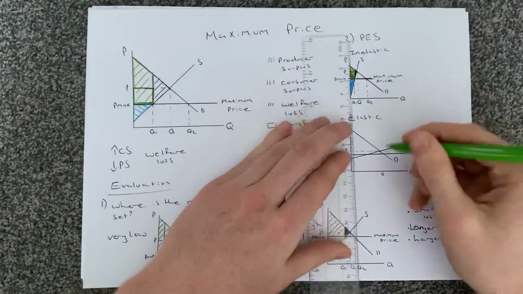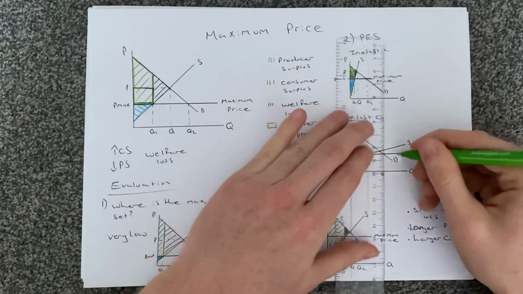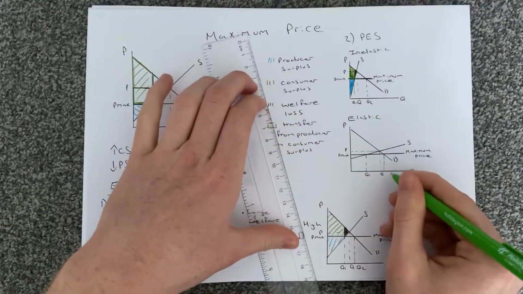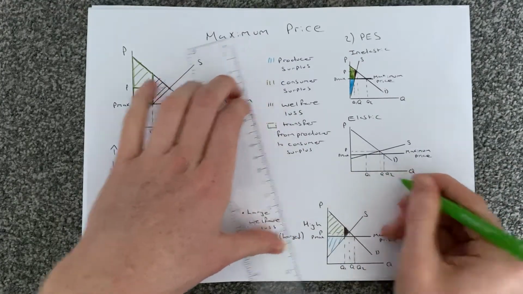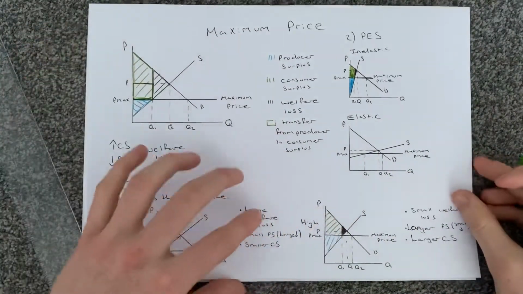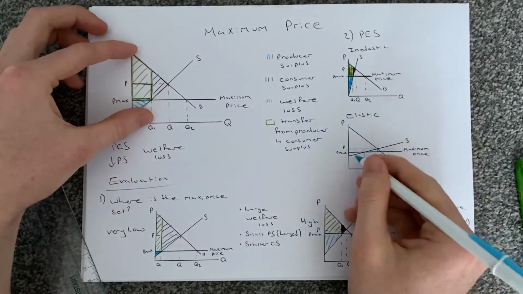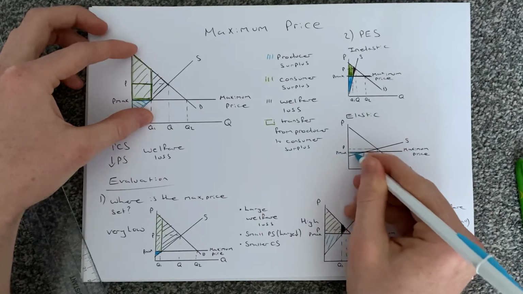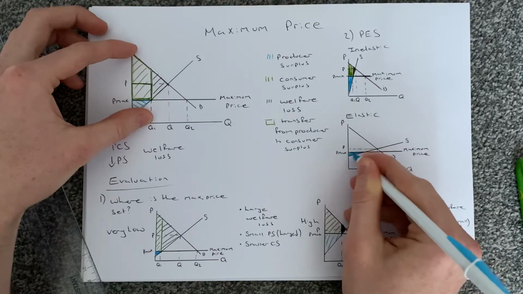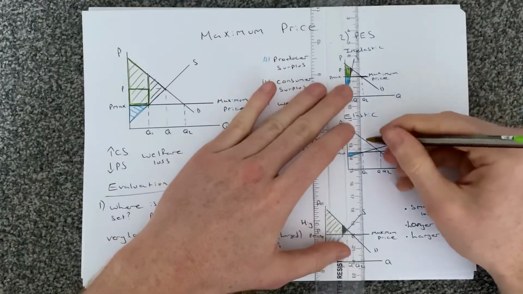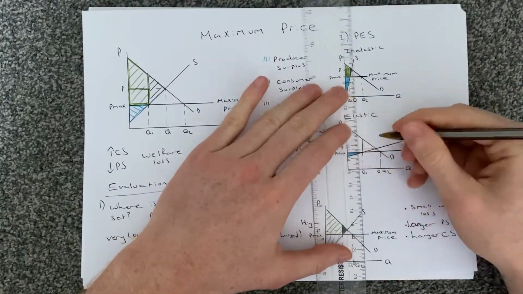And what we'll do then is we'll add in our quantity demanded and quantity supplied. So we've got Q1 and then we have Q2. So that is that. And then what we will now do is highlight the key areas that we wish to discuss. So we've got producer surplus there in blue. We're going to draw directly up from our quantity Q1.